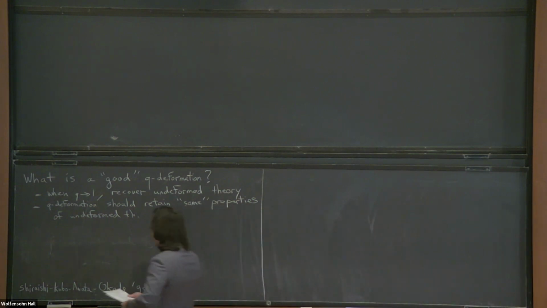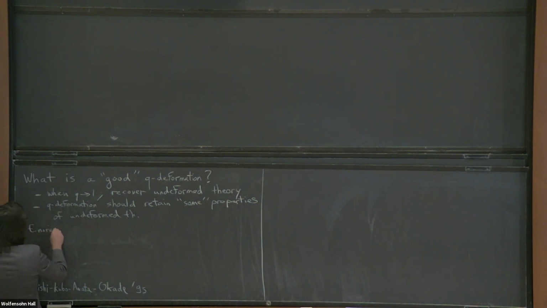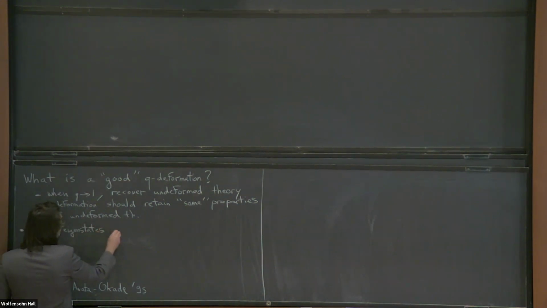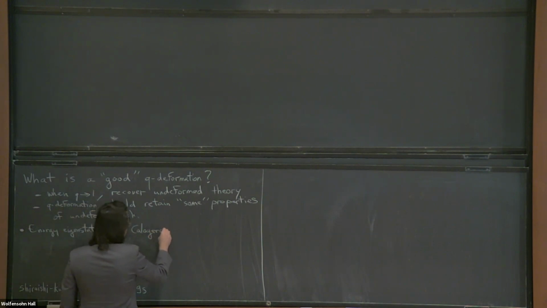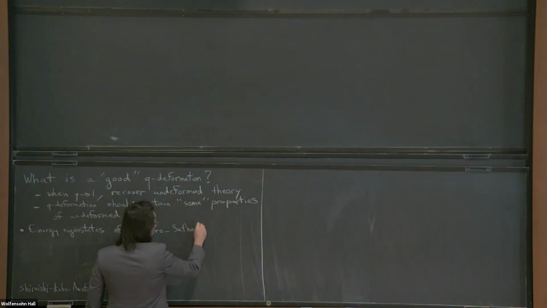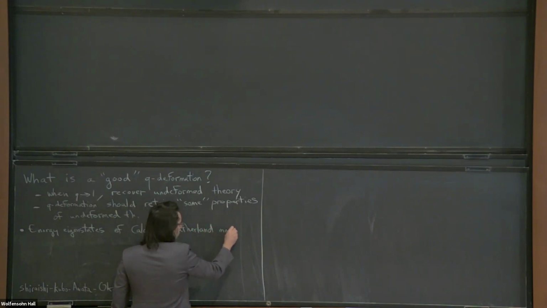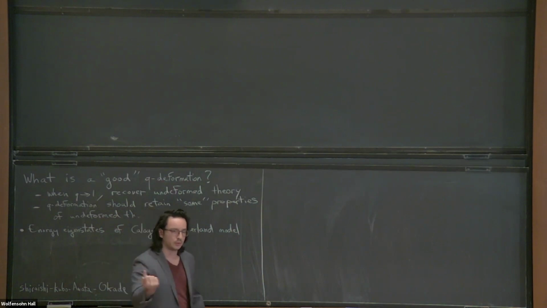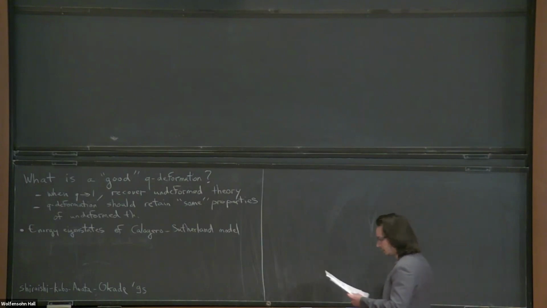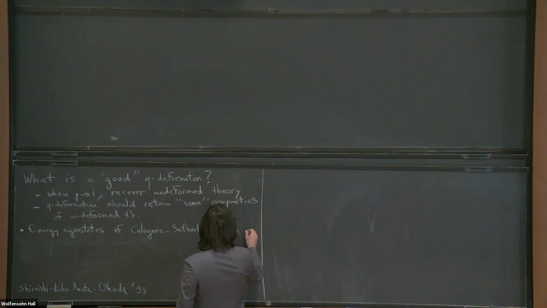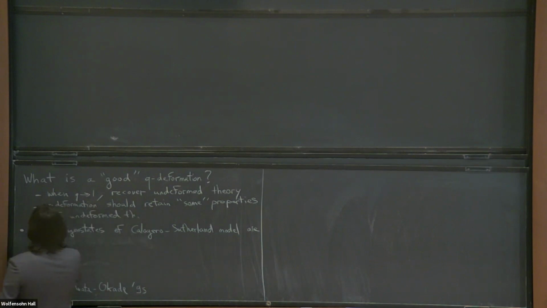Well, the first motivation in our context was the observation that the energy eigenstates of some integrable system, which is not very important here, the Calogero-Sutherland model, describe particles on a circle with long-range interactions, described by some Hamiltonian which I will not write explicitly, and that the energy eigenstates of such a system are what are called Jack symmetric polynomials.